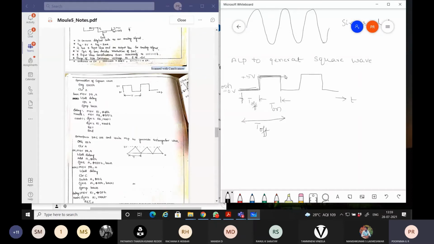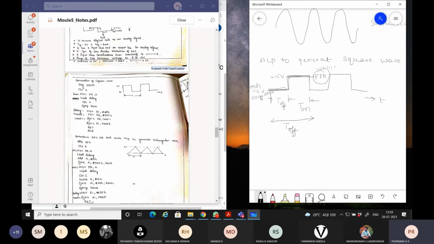To get 5 volts I will be providing FFH. Whenever digital input is all 1s, 11111111, then you will get the plus 5 volts, and when all the 8 bits as input to this digital to analog converter are 0, in that case we will be getting 0 volts.